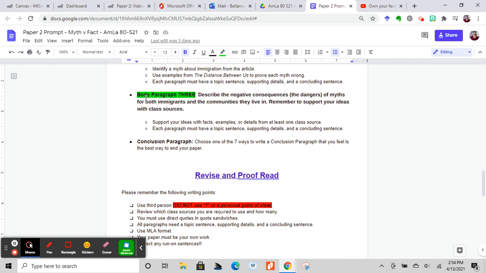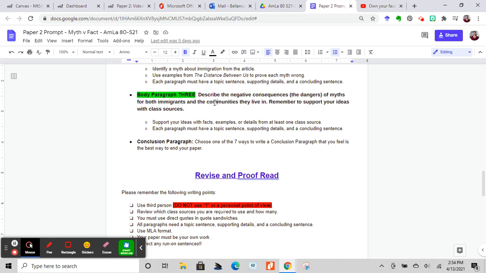Okay. The third body paragraph. Describe the negative consequences, the dangers of myths for immigrants and the communities that they live in. Remember to support your ideas with class sources.